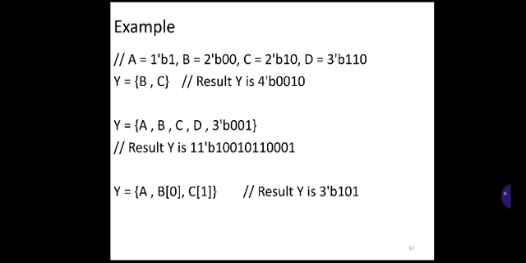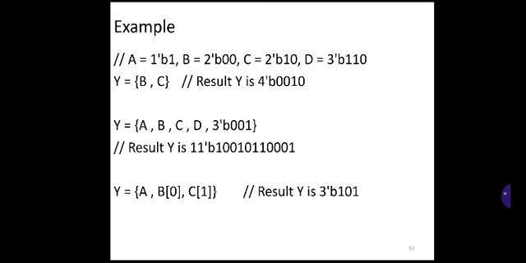Let's take an example. A is equal to 1-bit binary 1, B is equal to 2-bit binary 00, C is equal to 2-bit binary 10, and D is equal to 3-bit binary 110. So these are the given numbers. Now, how to do the concatenation? Observe here, Y is the result which holds the result of the concatenation operation.